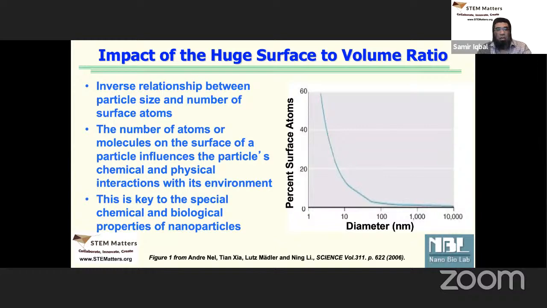It is because when you go smaller and smaller, the number of atoms that are available changes exponentially below a certain size. Up to a certain size, you wouldn't have a dramatic change in the number of atoms available for reaction, for melting, for whatever process we are doing.